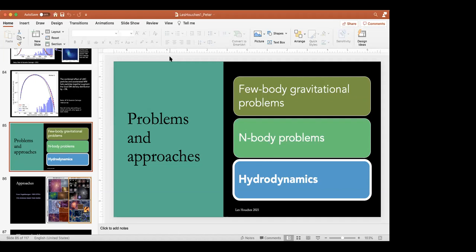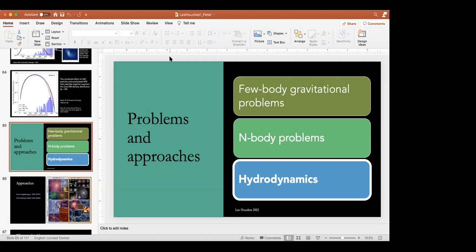And I would like to know if it's more efficient to solve this problem in terms of finding something to close the hierarchy, or how do you close this? Oh, how to close the hierarchy? Yeah, or how do you solve the Vlasov equation? I mean, which is the more efficient way to solve this equation?